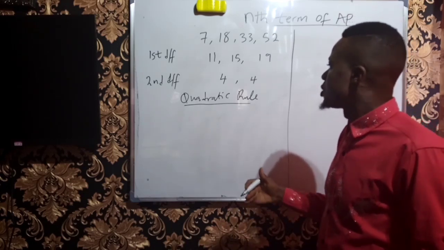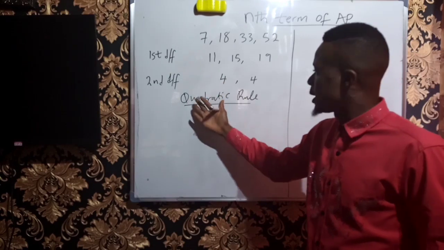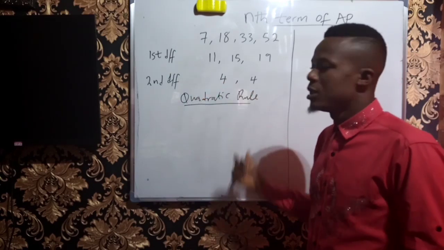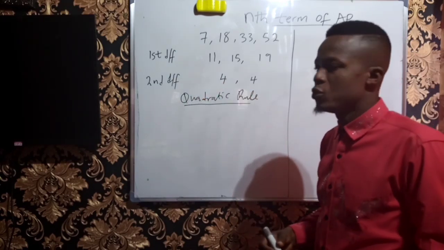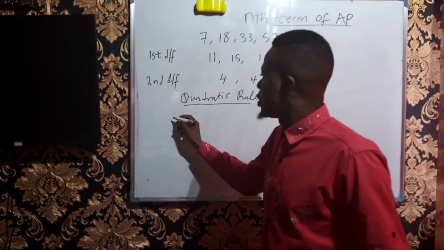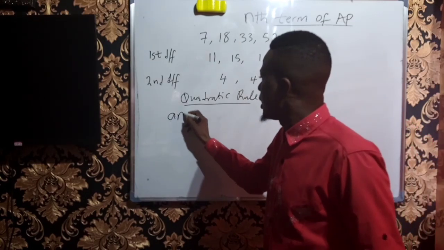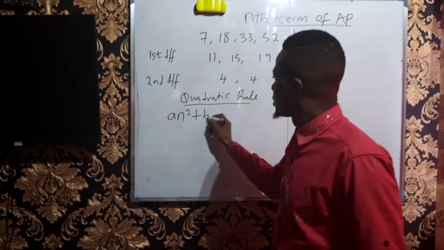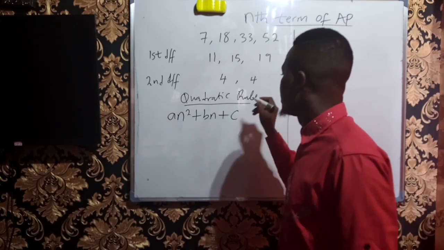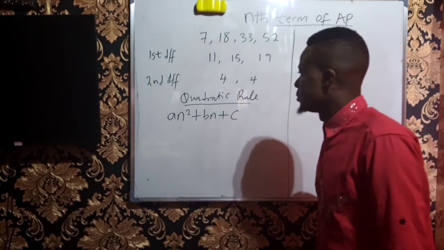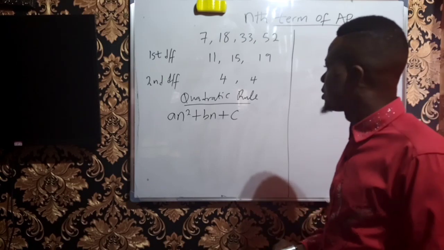But since we've gone 2 times to get the common difference here, we use the quadratic rule. And the quadratic expression is of the form an squared plus bn plus c.